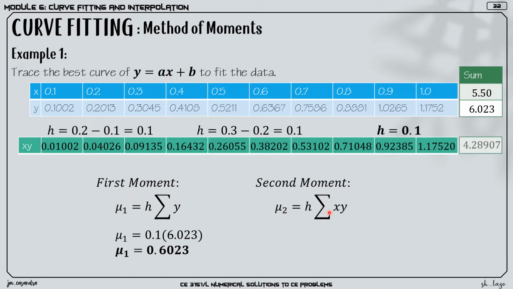1.17520. So adding them up, we get a value of 4.28907. So substituting the values of h and x sub y, we get mu sub 2 equal to 0.428907. So from here, we now move on to determining the values of our theoretical moments.